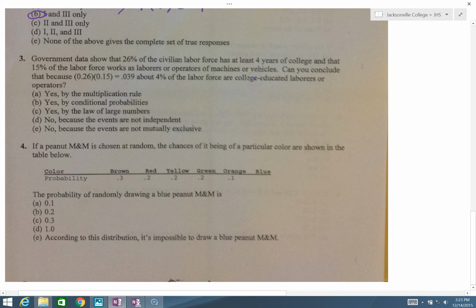It's unlikely that these events are independent. If you have a college degree, you're probably a little less likely to be a laborer or operate a machine or a vehicle as part of your job. So no, it would be inappropriate to multiply these two together, because these events are almost certainly not independent.